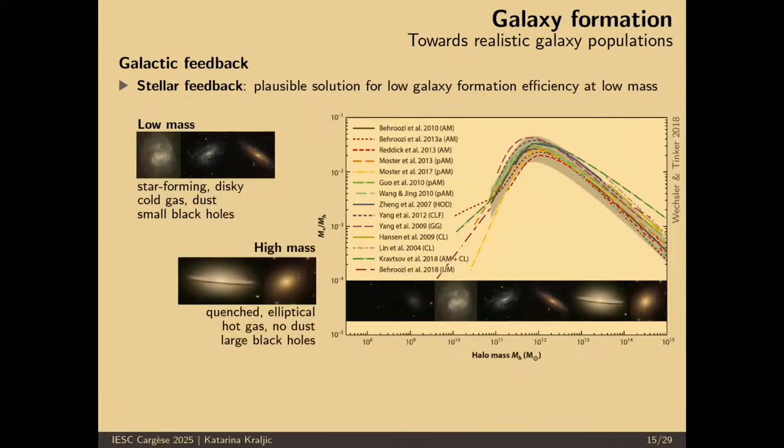That's because of these properties we were already talking about, that low mass and high mass galaxies have very different properties. High mass galaxies are typically quenched ellipticals with a lot of hot gas, almost no dust, no ongoing star formation. So at high mass, it's not the star formation that will help us, because there is no star formation to begin with.